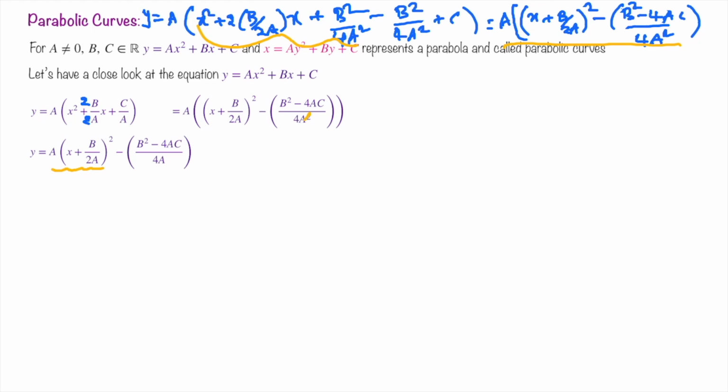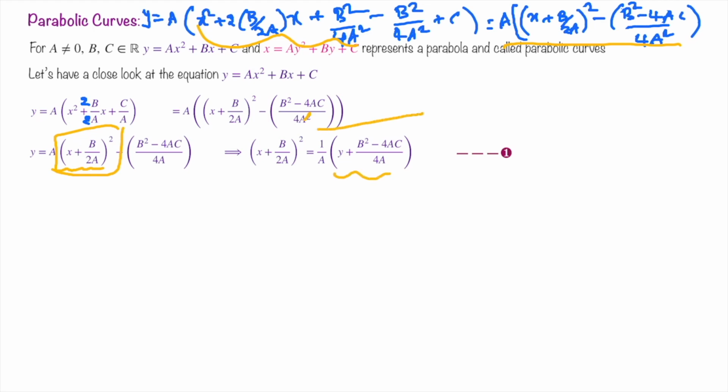If I take this minus b square minus 4ac by 4a to this side, I can write x plus b by 2a whole square equal to 1 by a times y plus b square minus 4ac by 4a. Okay, this is how we can express this equation y equal to ax square plus bx plus c.